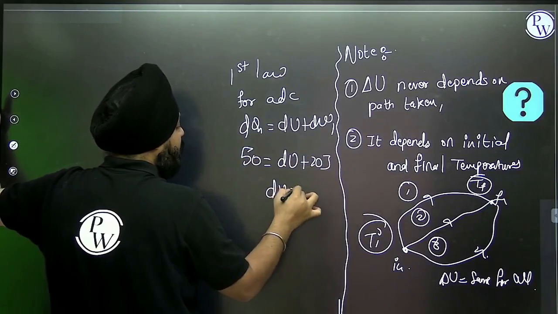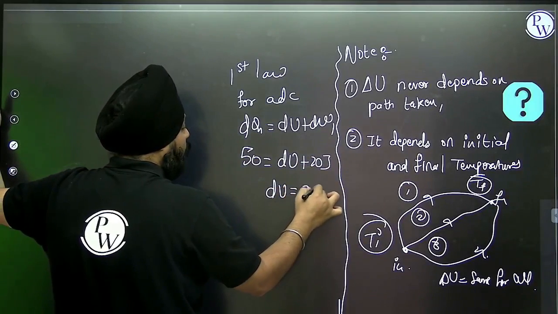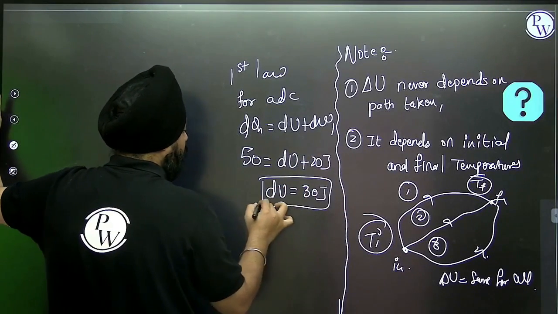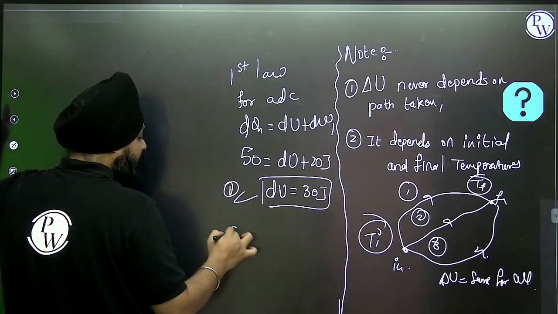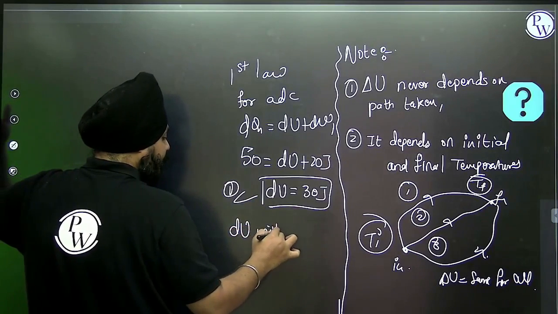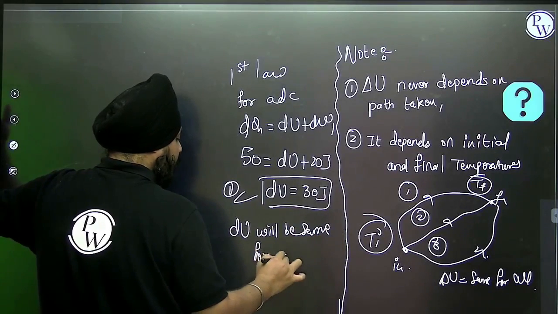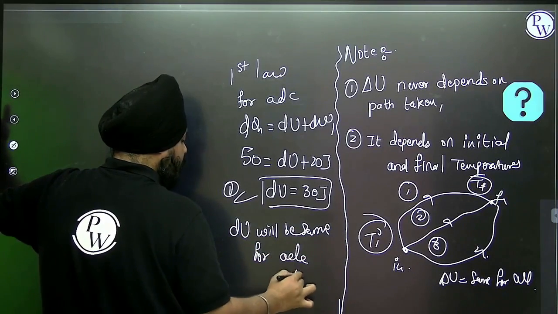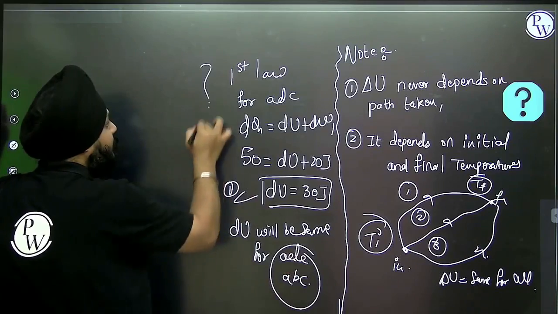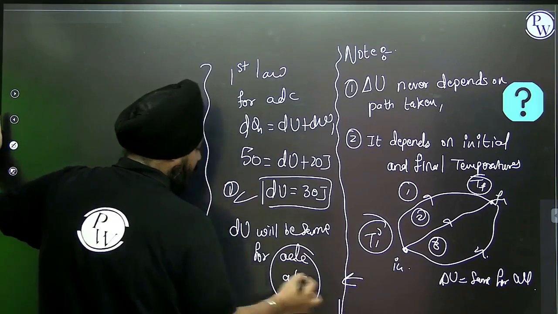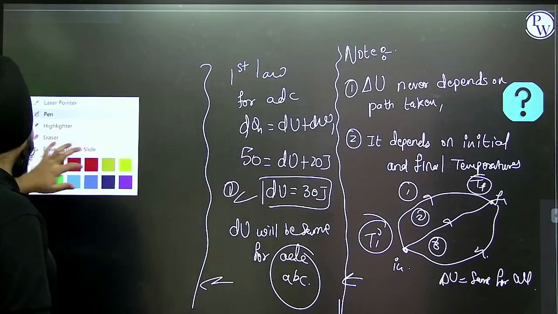So the value of the change in internal energy is 30 joule. Now dU will be the same for the process ADC and the process ABC, for both of these processes.